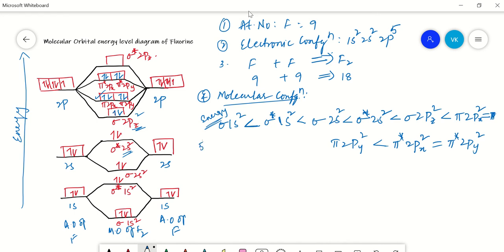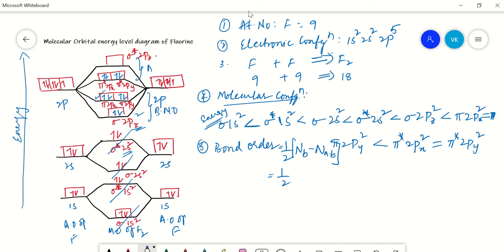Coming to the bond order of fluorine, how will you write it? Bond order is equal to half into the number of bonding electrons minus the number of anti-bonding electrons, right? How many bonding electrons are present here? Now we'll cancel off these two and these two. You are concerned about the bonding molecular orbital electrons, that is your bonding electrons, and these are anti-bonding molecular orbitals, that is anti-bonding electrons.